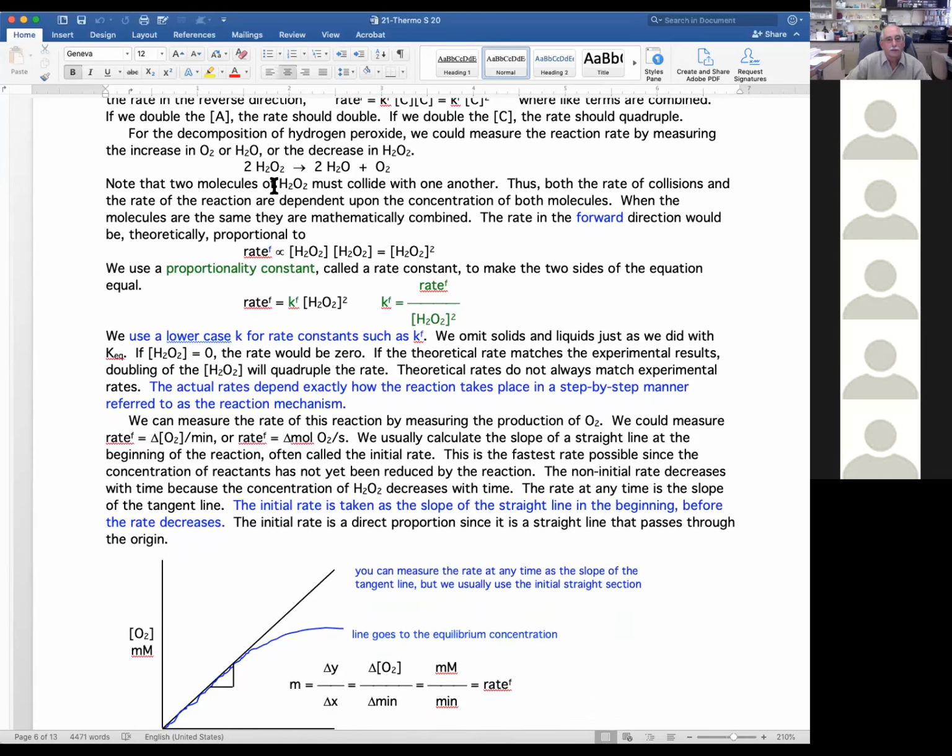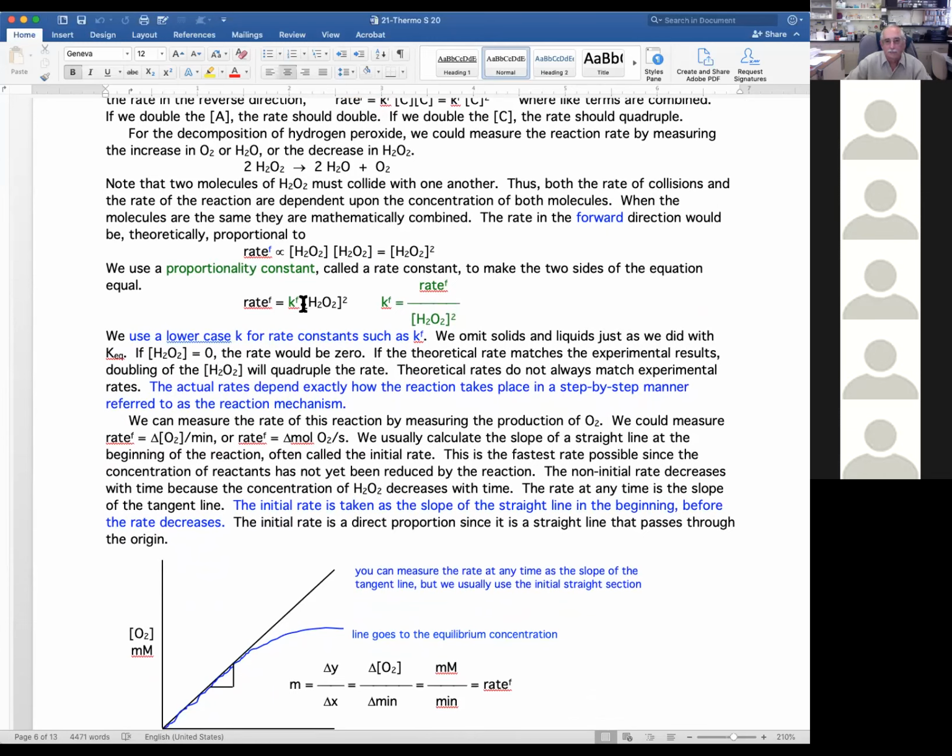So here's the rate going in the forward direction. What we're saying here is that it's proportional. If I double the concentration of hydrogen peroxide, it about quadruples the rate. But if I want to use the equal sign, then I have to get rid of the proportionality sign using a proportionality constant right there.